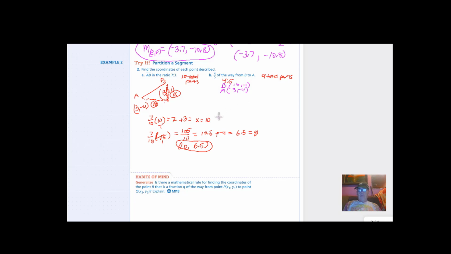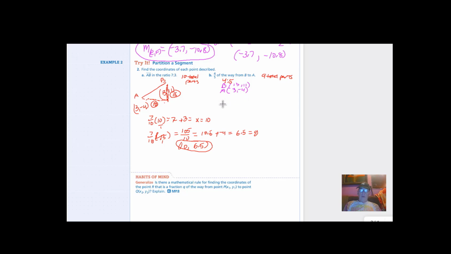And this time we want 4/5 of the way between B and A. So we're going to be moving from B. You're going to notice there's 9 total parts. 4/5 of the way, 4/5 of those 9 total parts is basically going to be 4 out of 9.